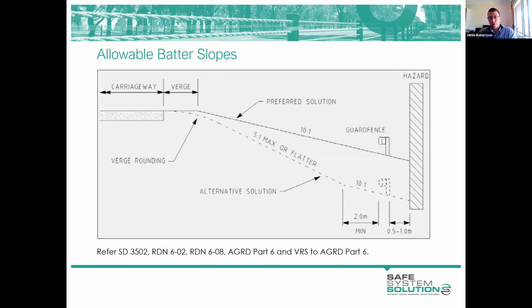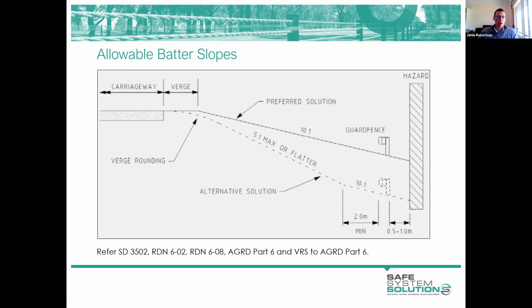There are requirements in terms of slope gradients, maximum allowable slopes that barriers can be installed on. 10:1 is our preferred maximum batter slope for installing a barrier.